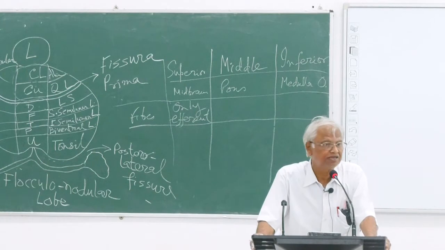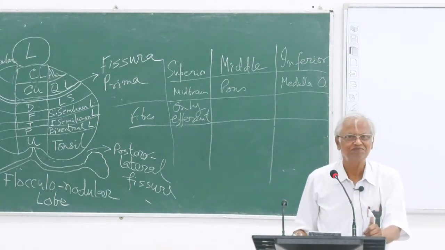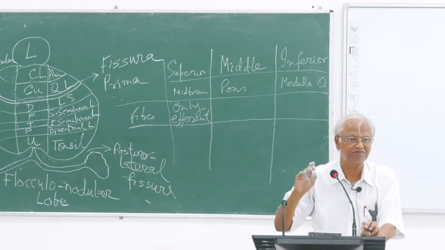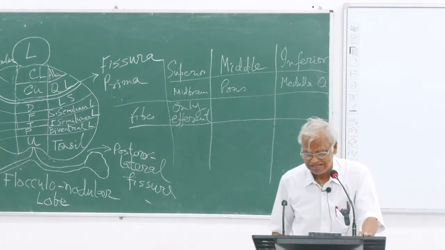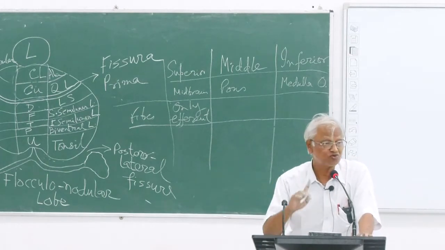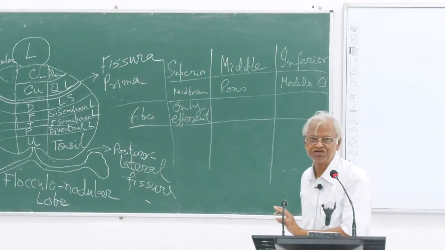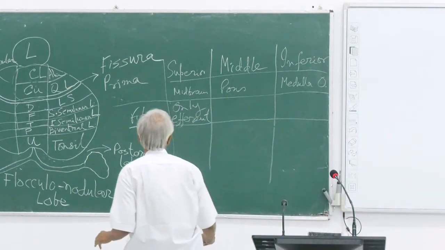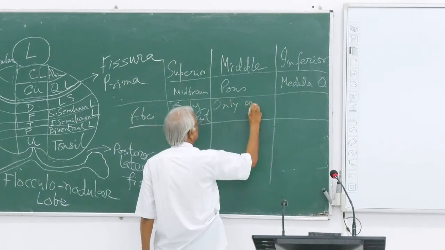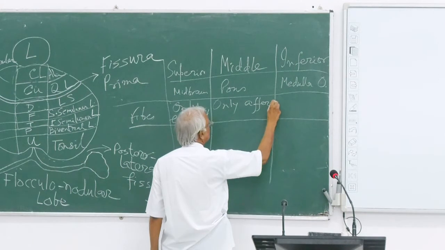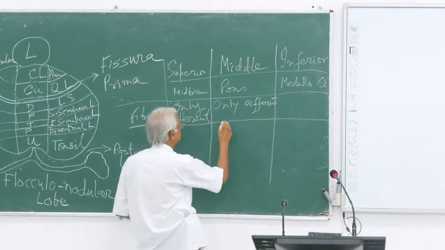And what about the middle? The middle cerebellar peduncle connects the cerebellum with the pons. Very good. It carries only afferent fibers, from the pons.